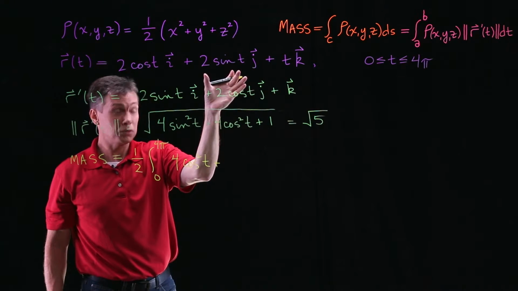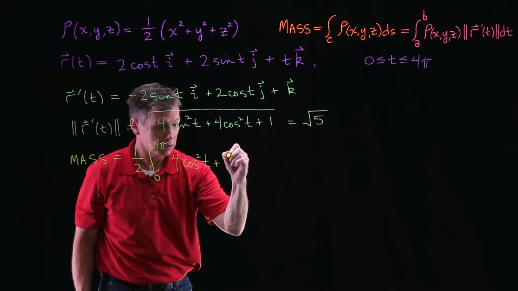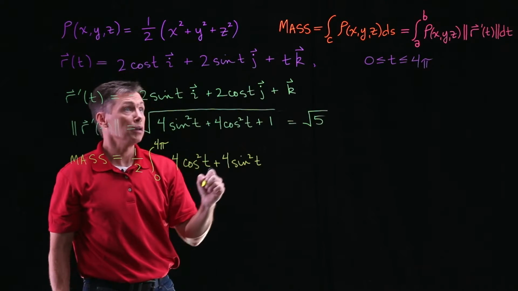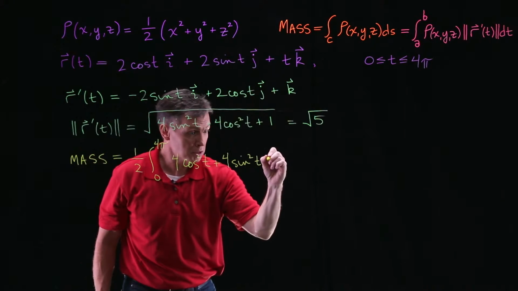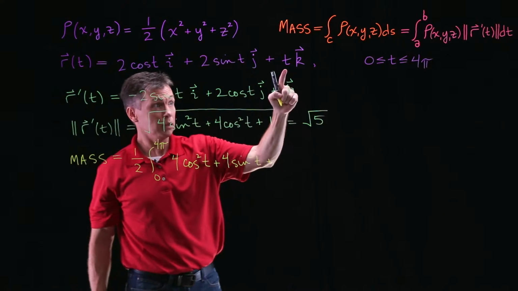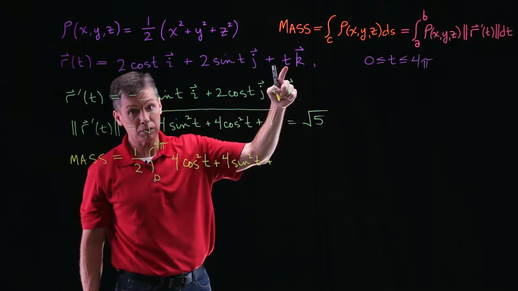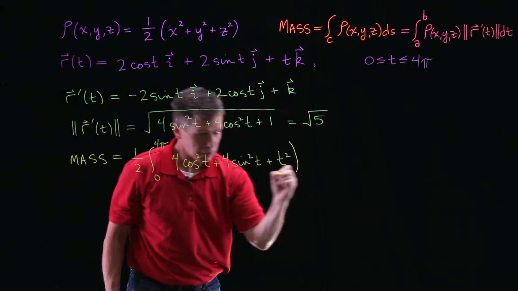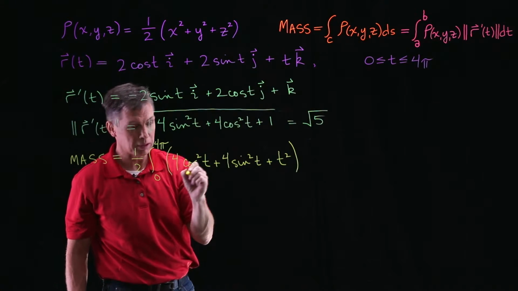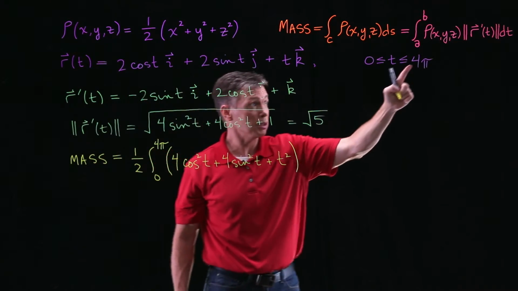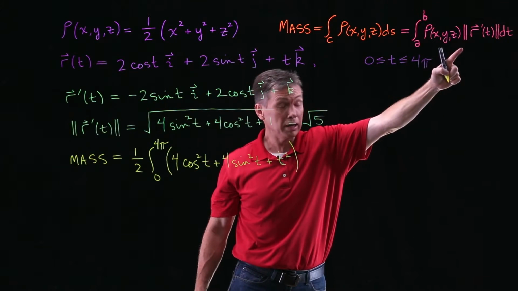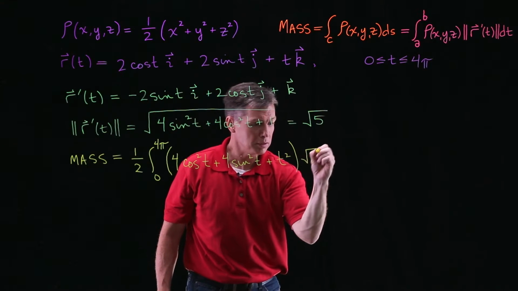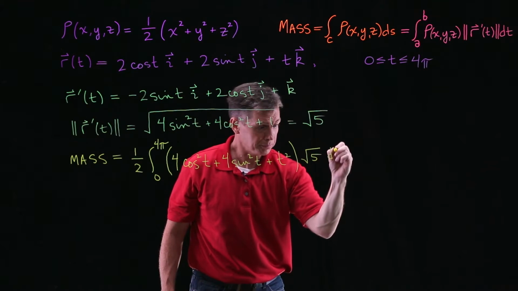So 2 sine of t, but squared, I'm going to get 4 sine squared of t. And then plus from the function z squared, and z is your third component, t, but squared. I'm going to put parentheses around all of that. That's just my density function. Looking at the formula, I still need to multiply by the magnitude of the r prime vector, which was our square root of 5, and then dt.